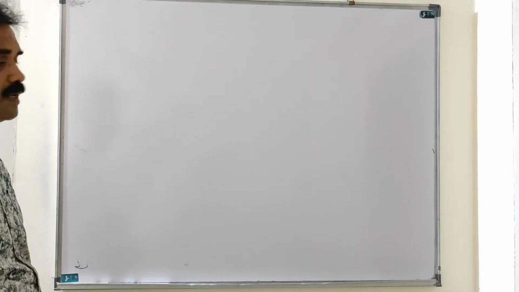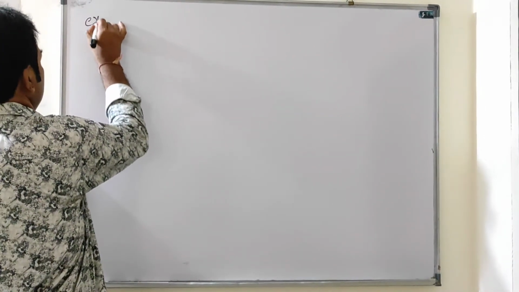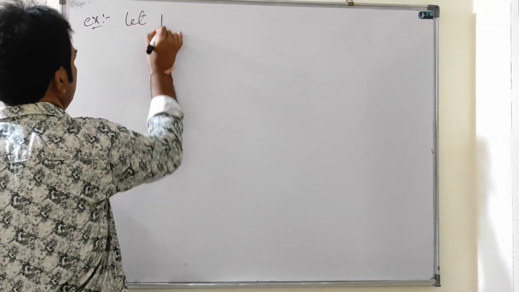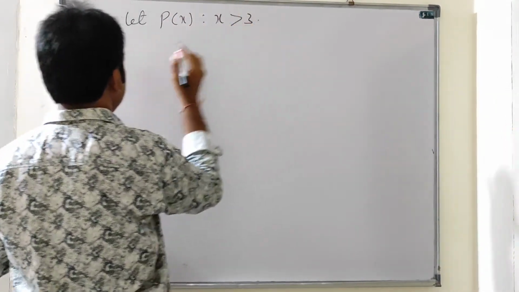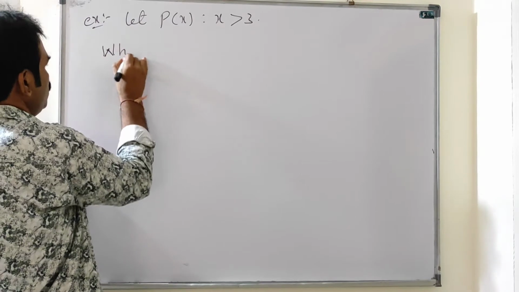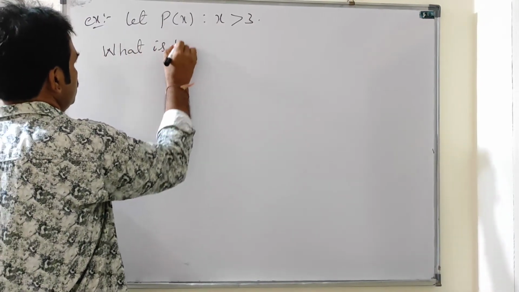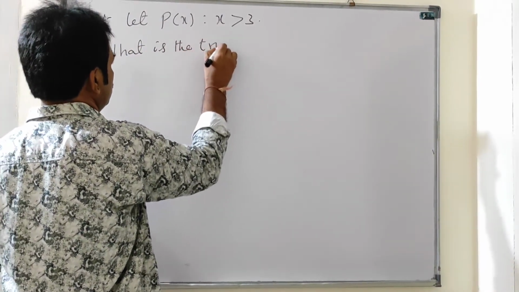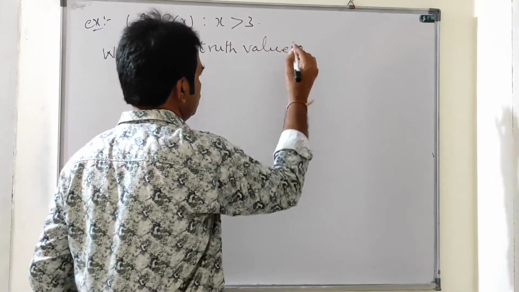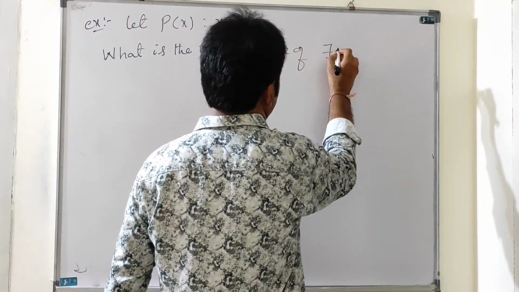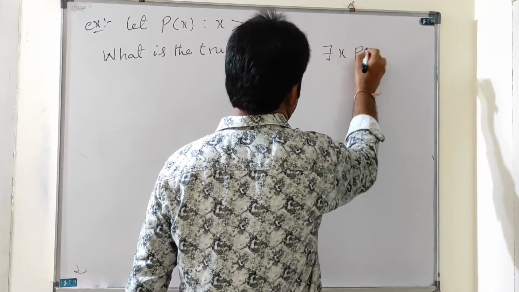Okay, see an example. Let P of x denote the statement x greater than 3. Then what is the truth value of there exists x P of x?